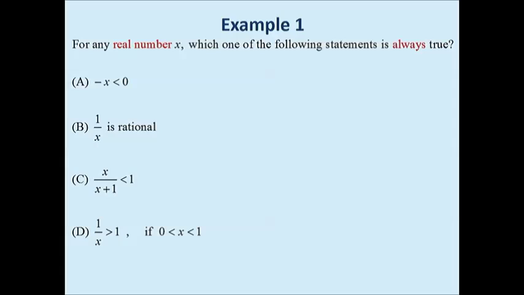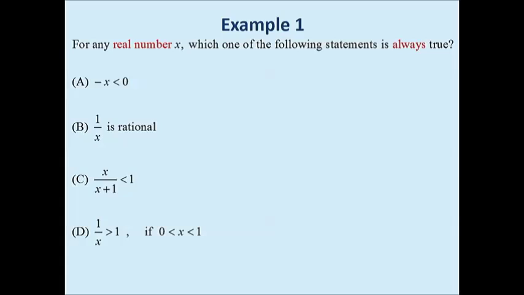So in this example, we're asking the writer, for any real number x, which one of the following statements is always true. And Sunette and I had a conversation yesterday about how, although this is the mathematics domain, the language and how they interpret the language is very important, even in this context.